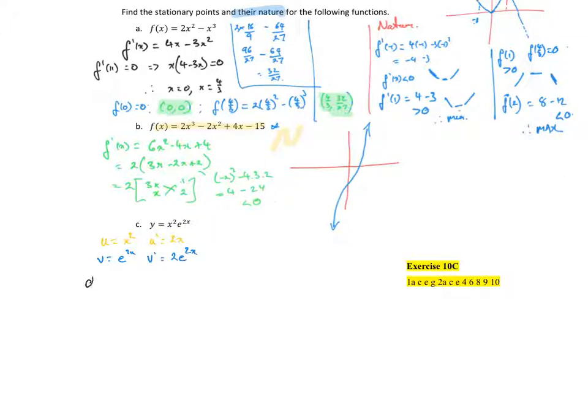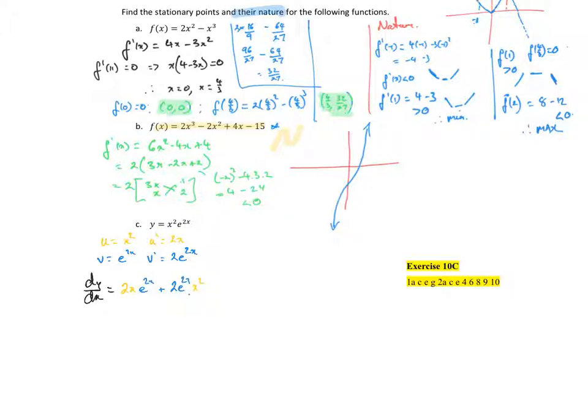So dy dx is equal to derivative of the first, which we'll call 2x, times the second, plus derivative of the second, which is 2e to the 2x, times the first.